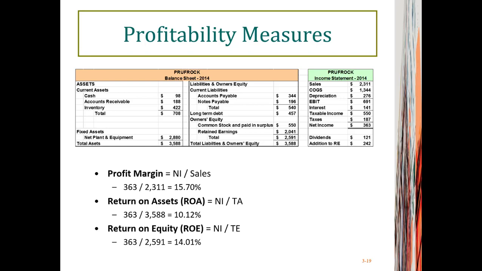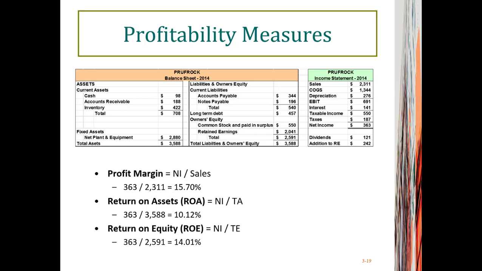It could be really bad, it could be really good, but it really depends on the benchmark. The company made $363 million based on what? Based on a large scale of assets, and a large amount of sales, and a large amount of shareholders' equity investment. So we need to take a look at how efficiently the company is generating profits.